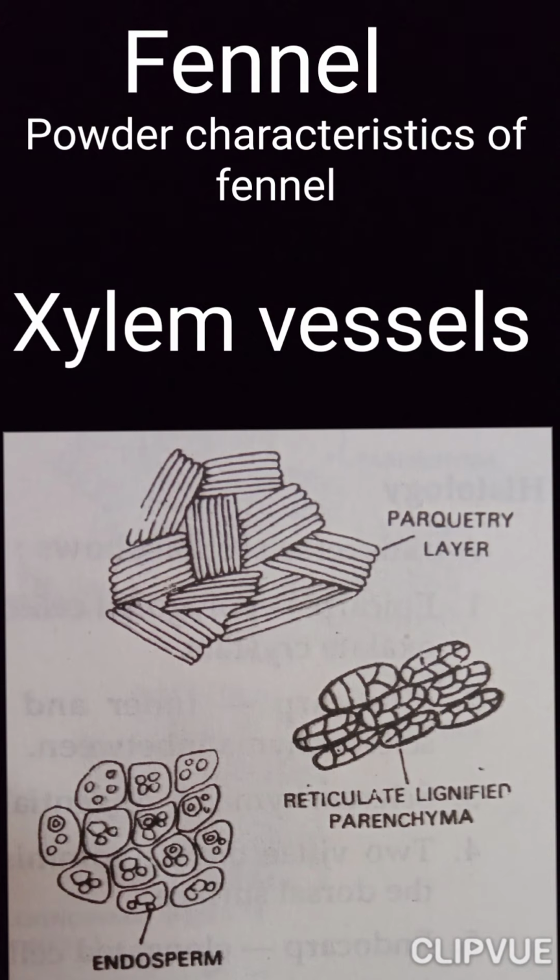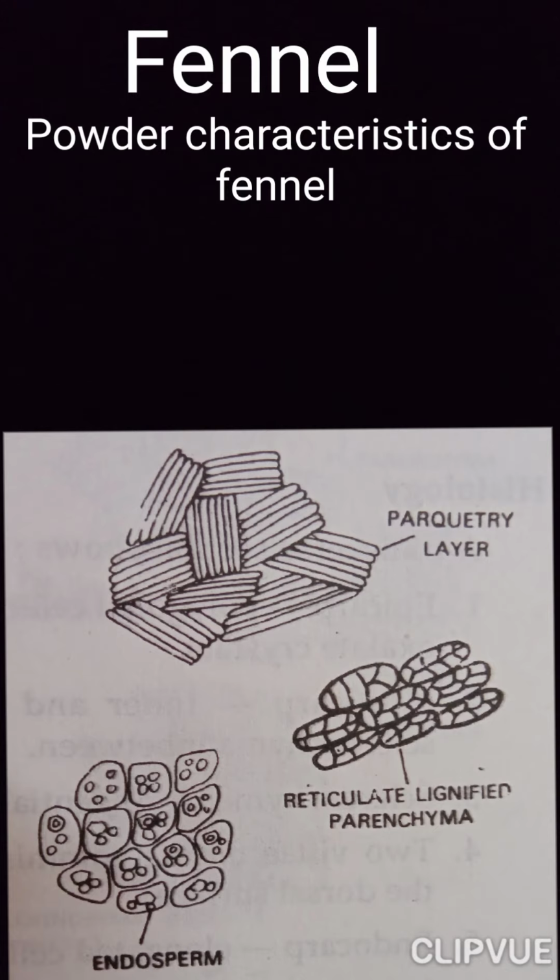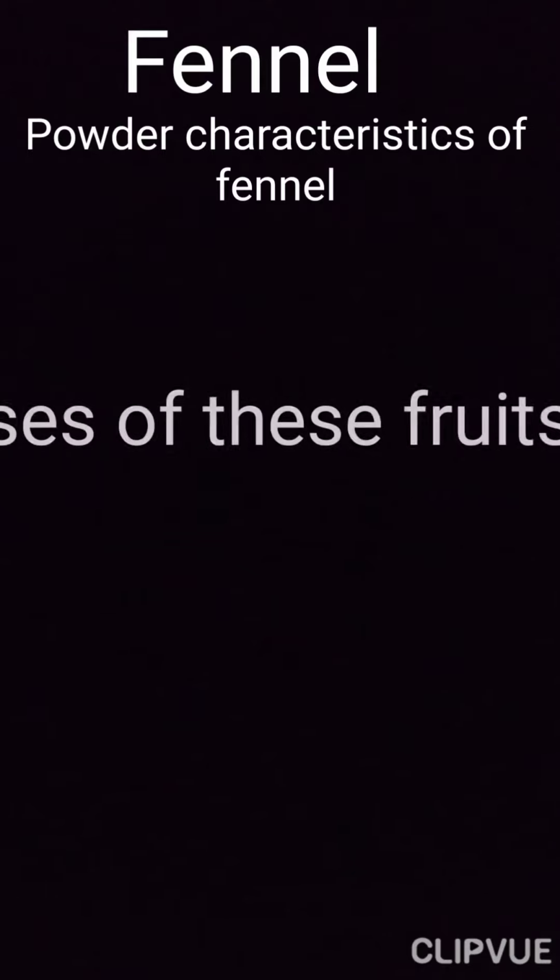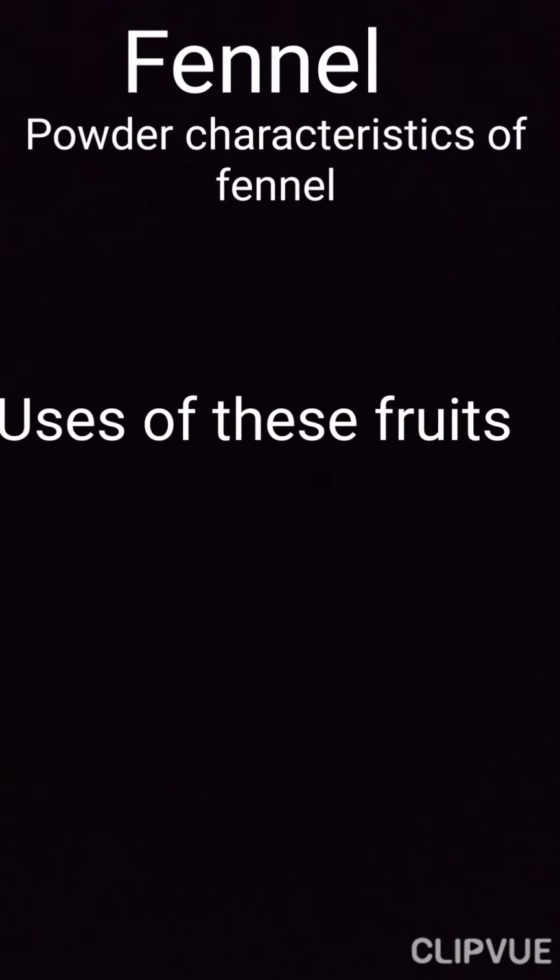Likewise you can describe, and you can write the uses also. Since these are volatile oil containing crude drugs, they can be used as carminative and aromatic. Both fruits are commonly used as aromatic or flavoring agents, and in both places you can write this use.